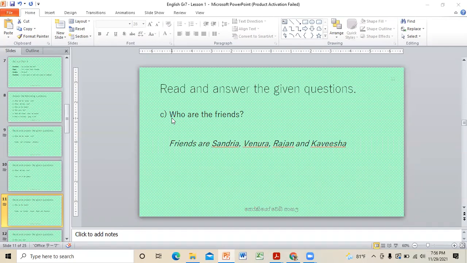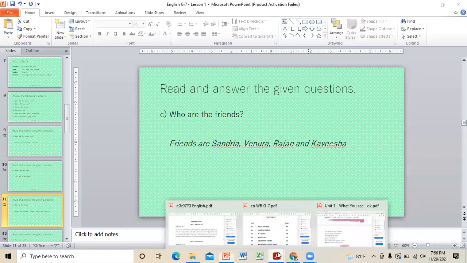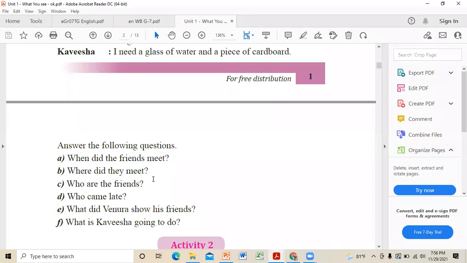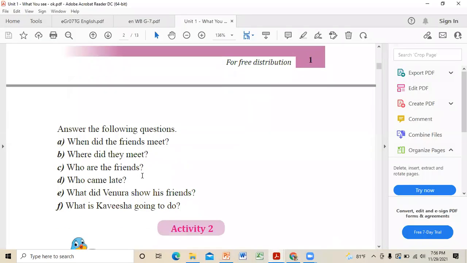So who are the friends who got together in this discussion? So you can give the answer as friends are Sandria, Venura, Rajan, and Kavisha. There were 4 friends, right? Okay, so we will move on to the 4th question.